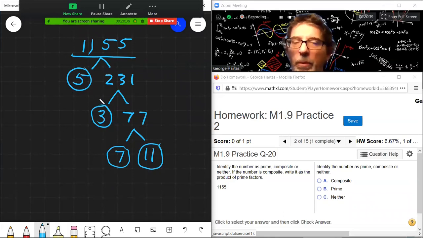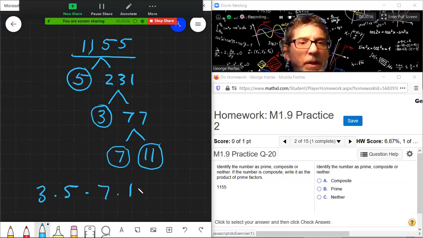All the way up to about 50-ish or so, 40-ish. All right, so there it is. So let's start with the smallest number. 3 times 5 times 7 times 11 is the prime factorization of 1155.